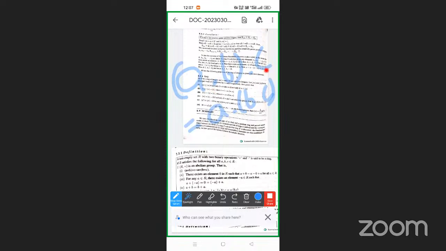The first one is closure and the second one is the associative condition.